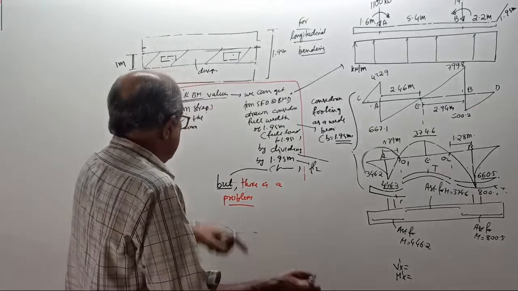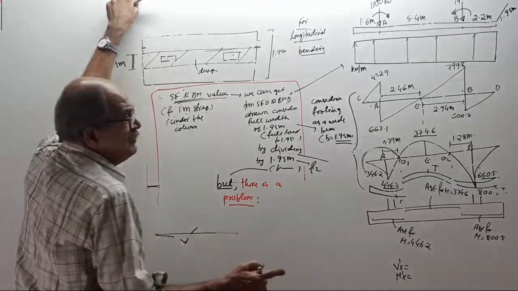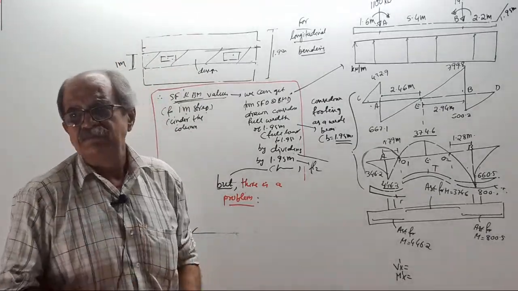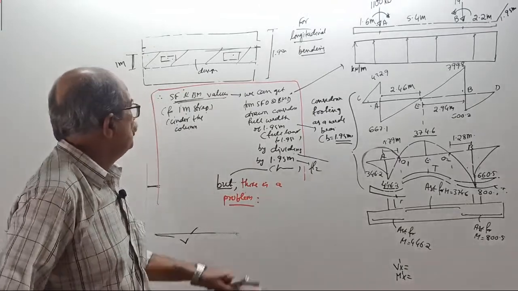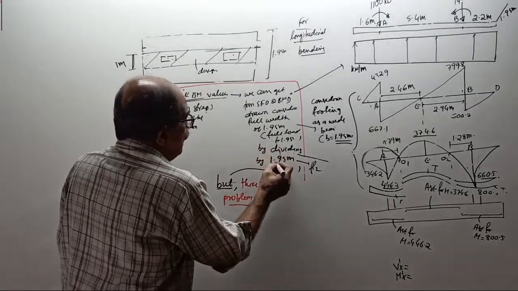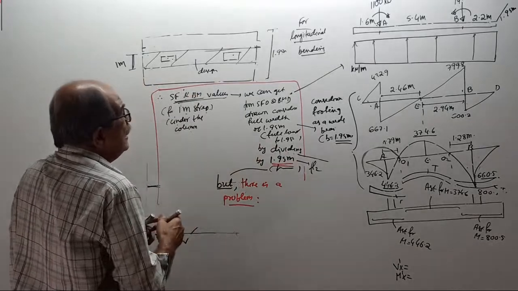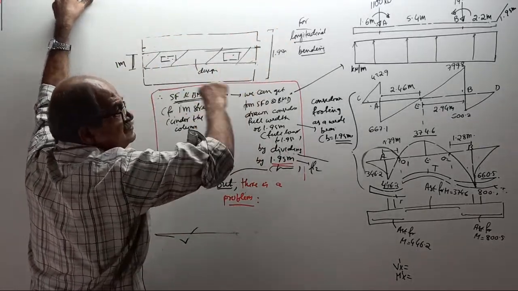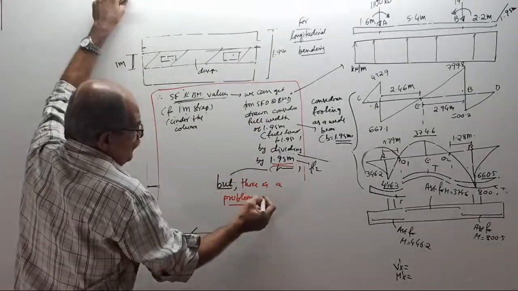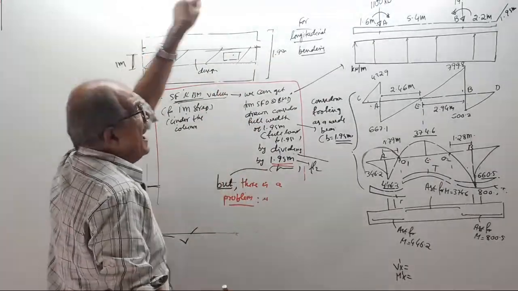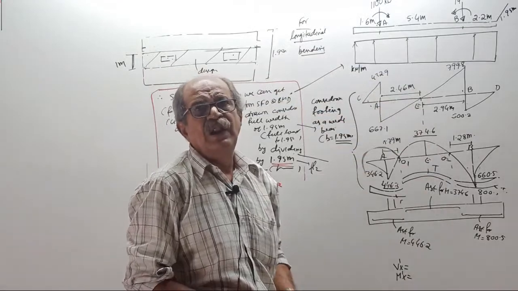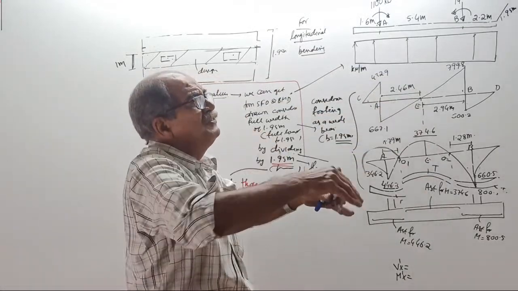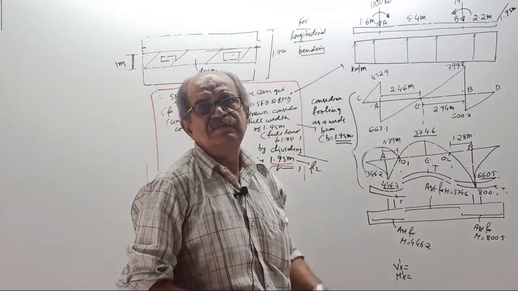Okay, now, but there is a problem. Anybody can tell what is that problem? Think a little. You make a note here. When you divide by 1.95 meter, you are assuming bending is the same everywhere. But that is the problem. The SFD and BMD are drawn considering the full width will participate in the bending.